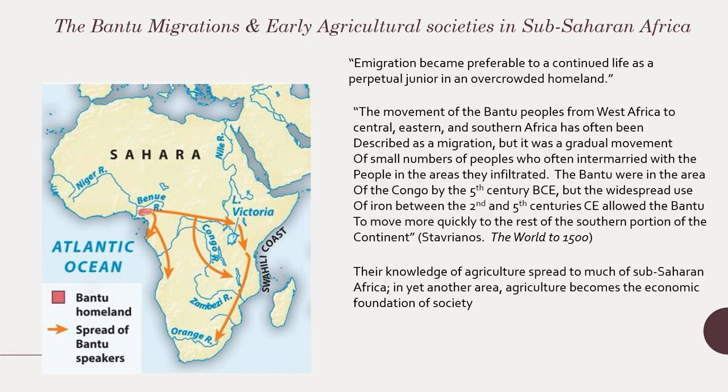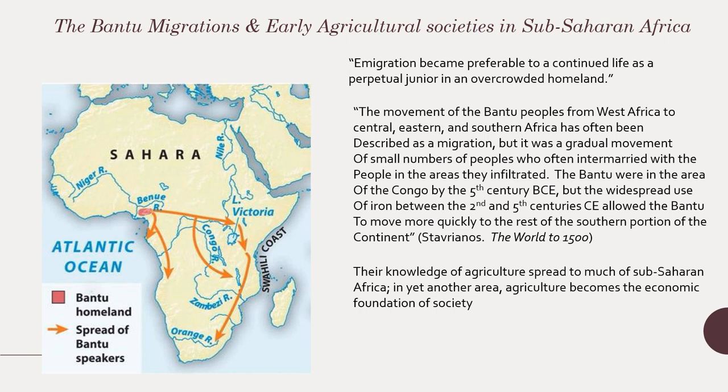This brings us to the Bantu migrations and early agricultural societies in Sub-Saharan Africa, which means south of the Sahara Desert. The Sahara Desert is in the northern fourth of the continent. Below that is Sub-Saharan Africa.